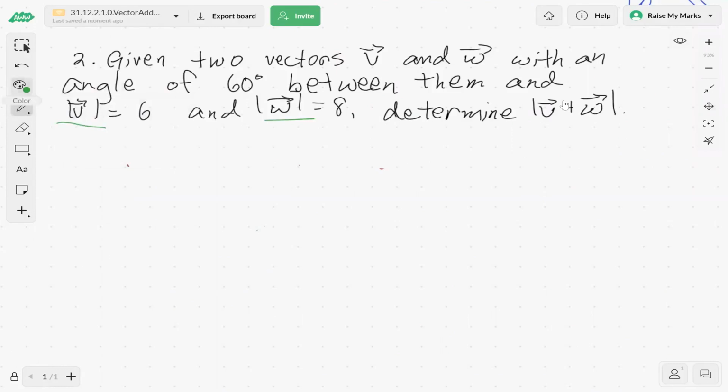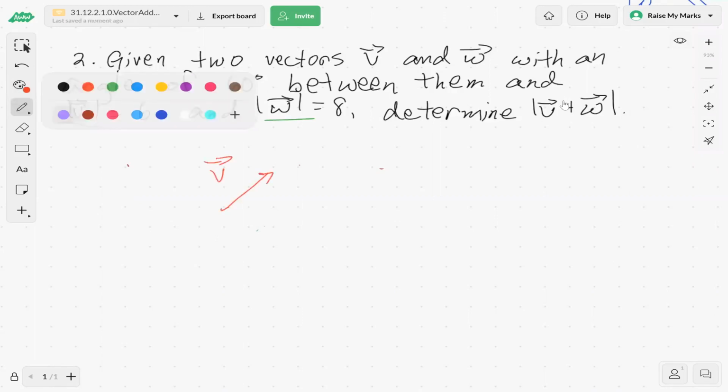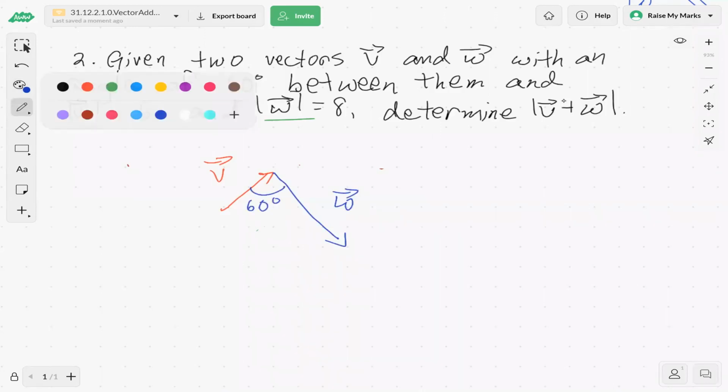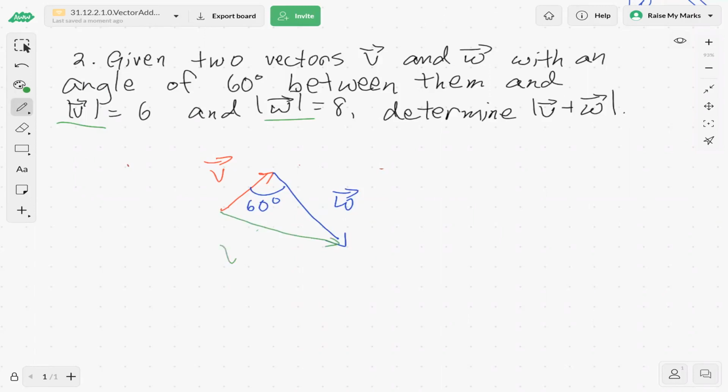Okay, so first thing, why don't we draw our vectors in? Let's say this is our v, and again, in blue, this is our w. The angle between the two is 60 degrees. Our resulting vector from tail to head is our v plus w.